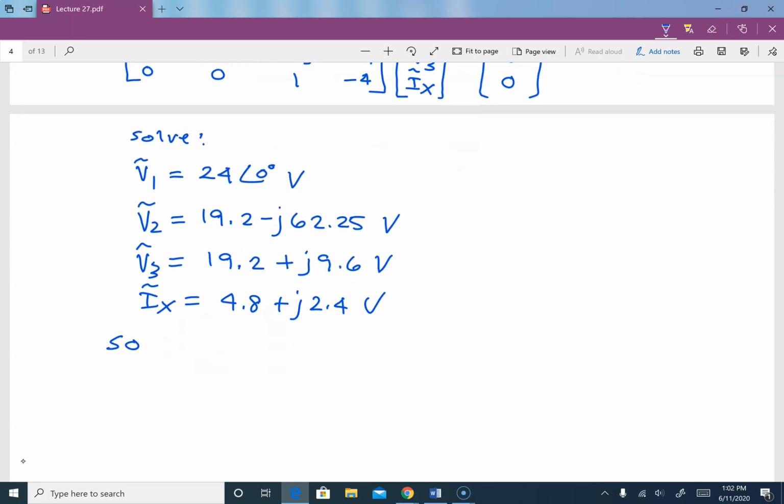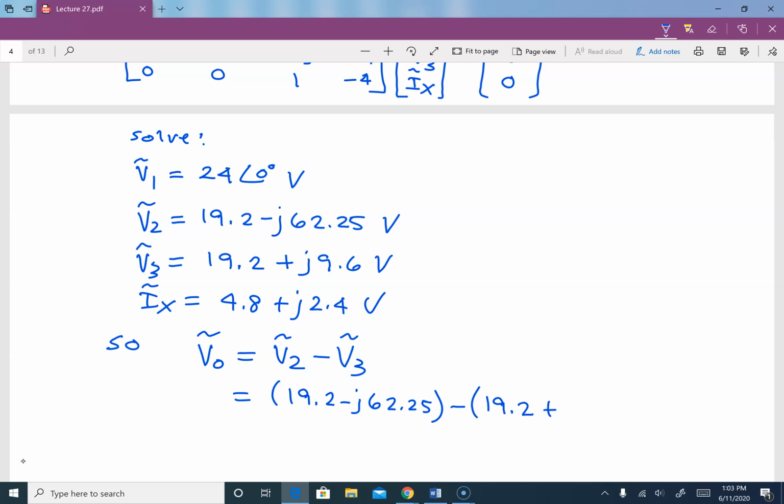So what we are looking for is V naught. So V naught, if you look at your circuit, that is equal to V2 minus V3. So that is equal to 19.2 minus J 62.25 minus the V3, which is 19.2 plus J 9.6.